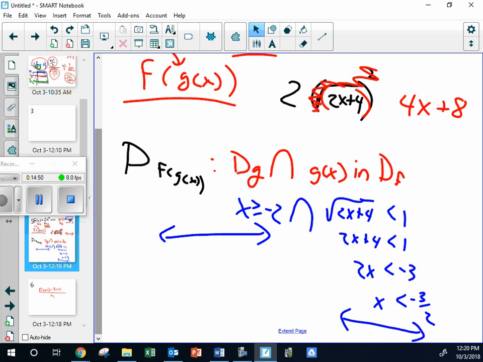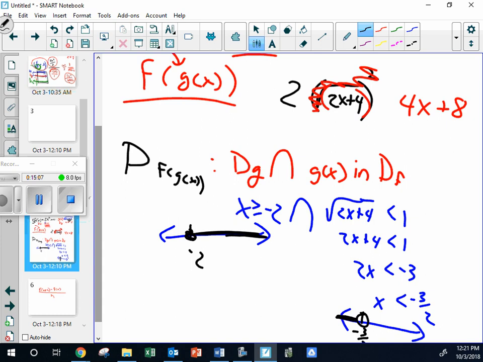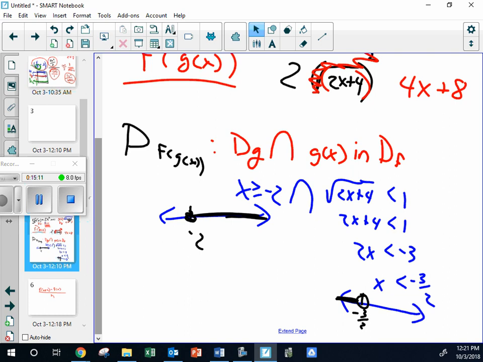Okay. So tell me what you got for this number line here. It's -2 filled in, bigger, and then the other one is at -3/2 circled going this way. What'd you get for a final answer when you merged those two? Bracket -2, -3/2.